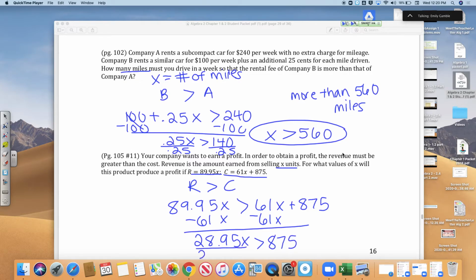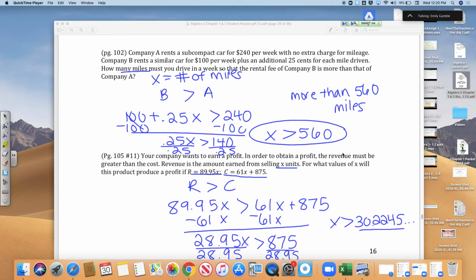Now I'm going to divide both sides by 28.95. And 875 divided by 28.95, I get here x is greater than 30.2245. It keeps going. So for what values of x will this produce a profit? So it has to be more than this number.